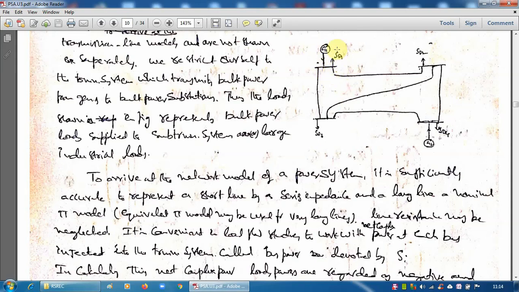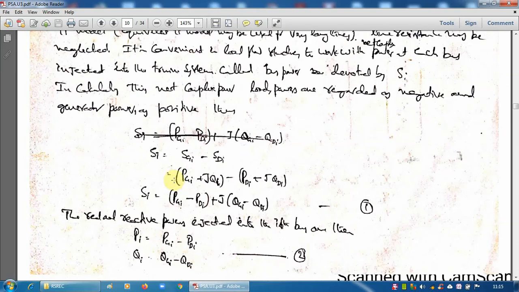So net complex power at each bus is nothing but power injected into the system minus power taken out from the system. Like that we see, net power at the ith bus is generated complex power minus demand or load. Here D stands for demand or load.